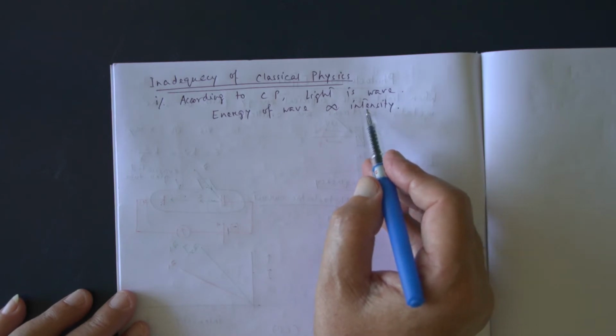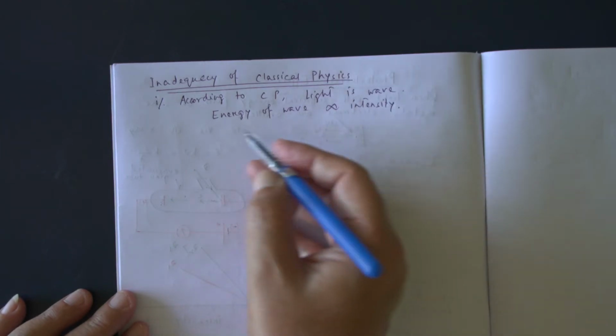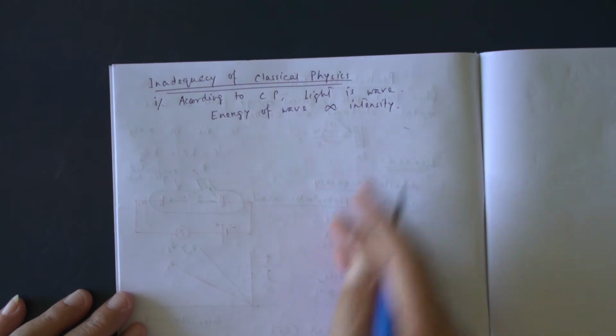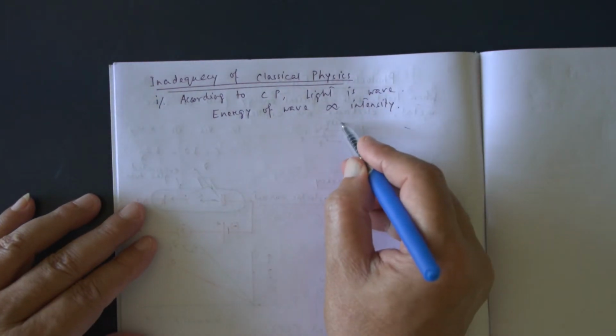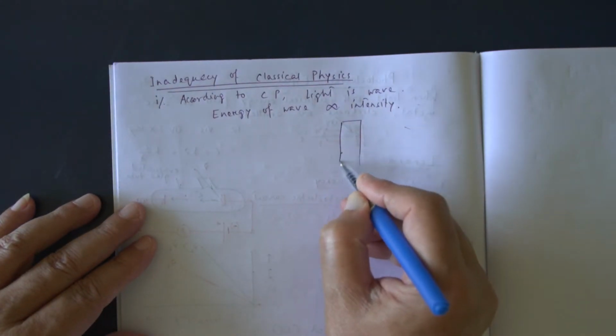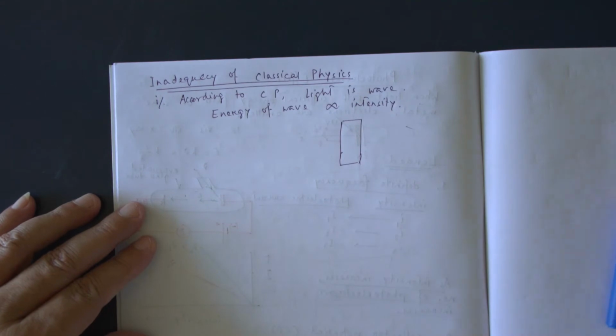So as we increase intensity, consider this is a metal, and these are the electrons.